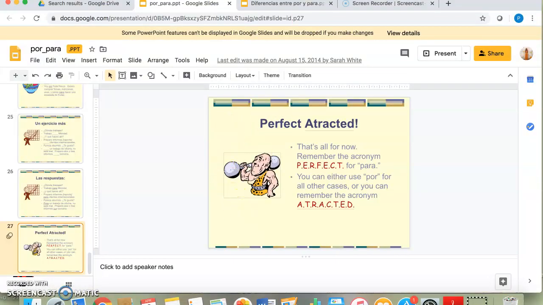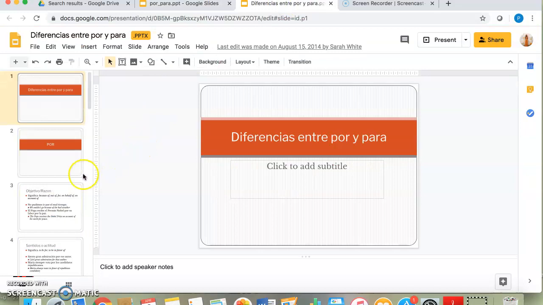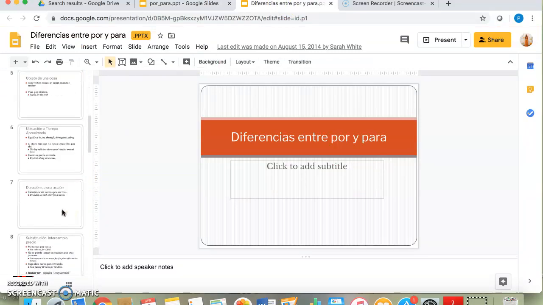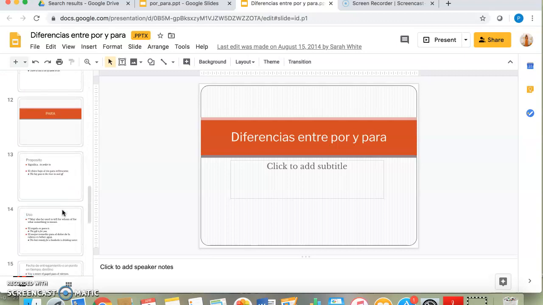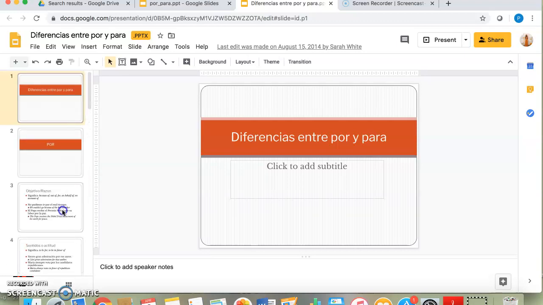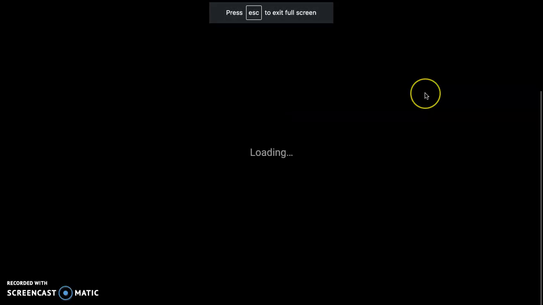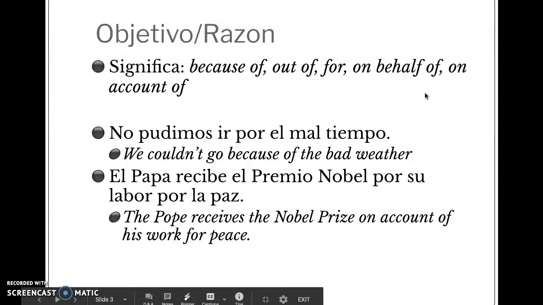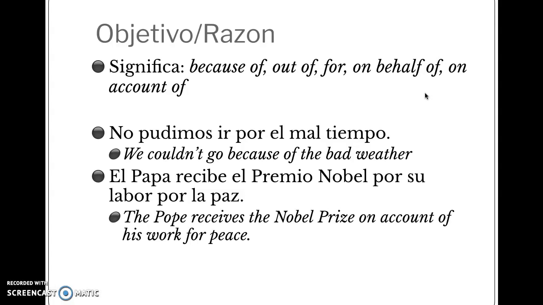Ok, chiquitos. También tengo algo más que yo quería decir. Solo quiero dar ustedes más ejemplo con por. So, razón, because of, out of, for, on behalf of, account of.